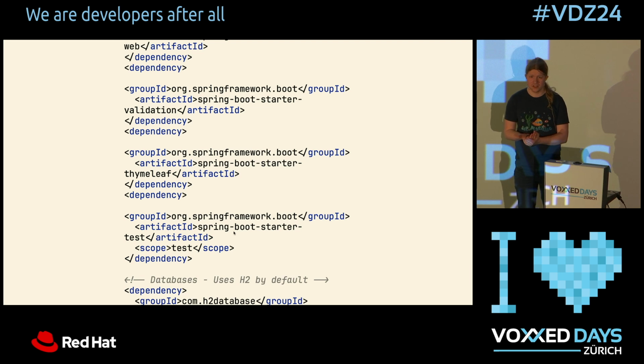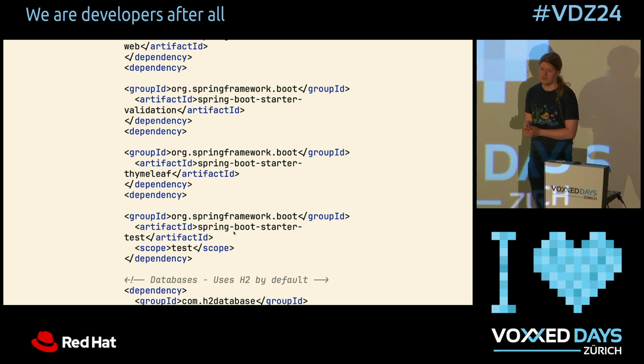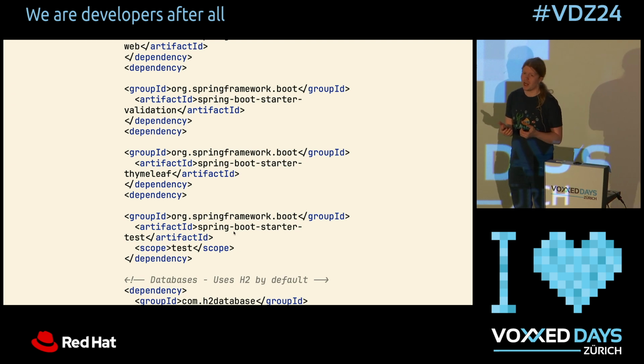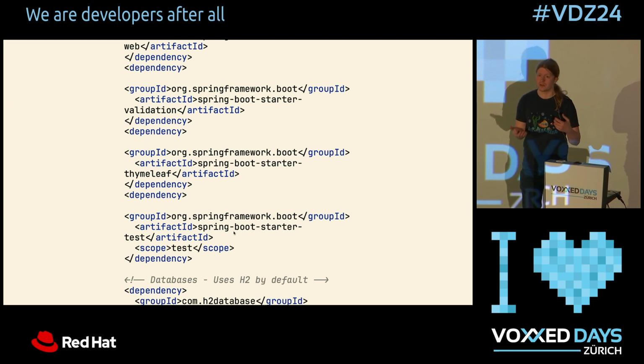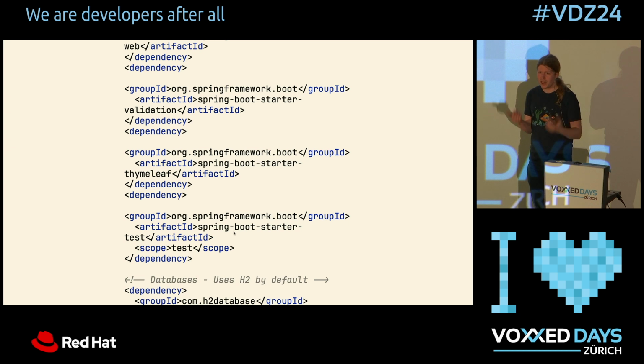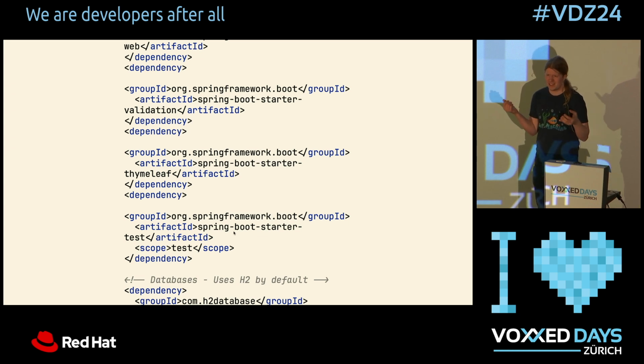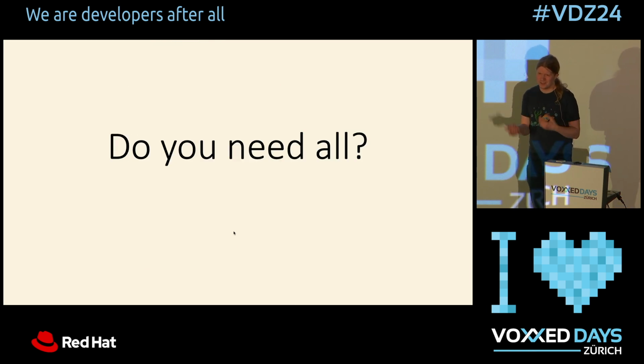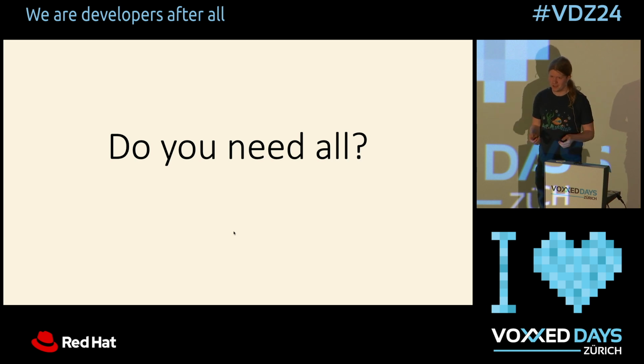It resulted in surely 100 megabytes with the testing code included, and the resulting jar was 50 megabytes large. And this was just a tiny Spring Pet Clinic with a couple of features, and your application might be larger too. That's a problem, because we probably think, do we need all these dependencies?